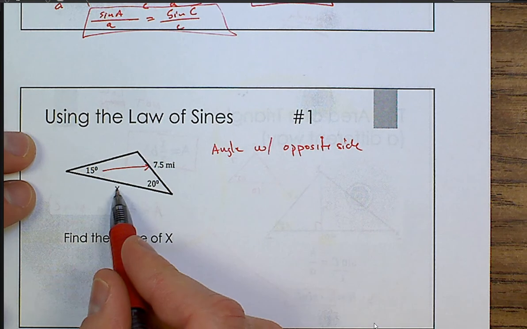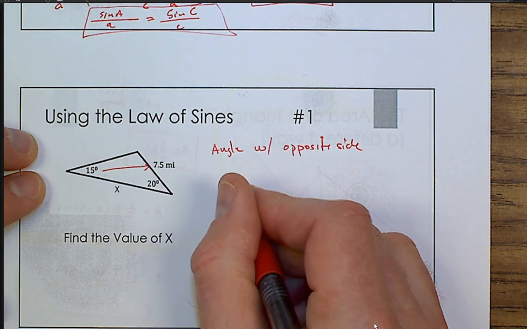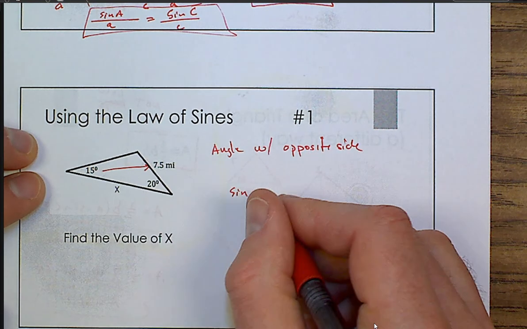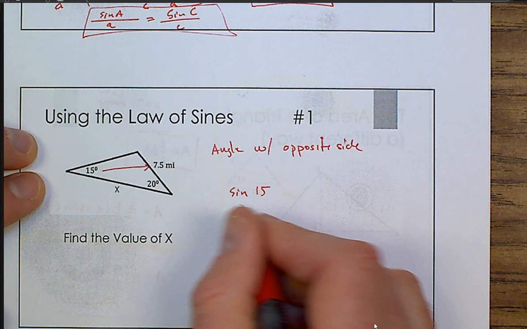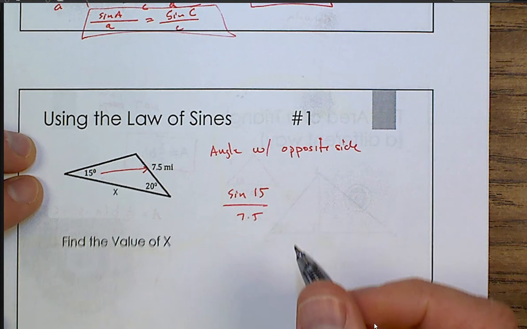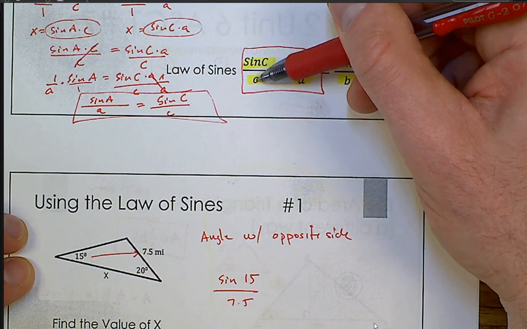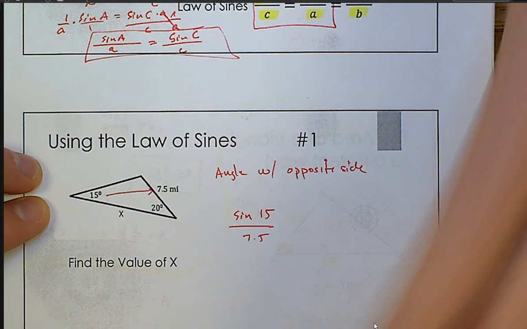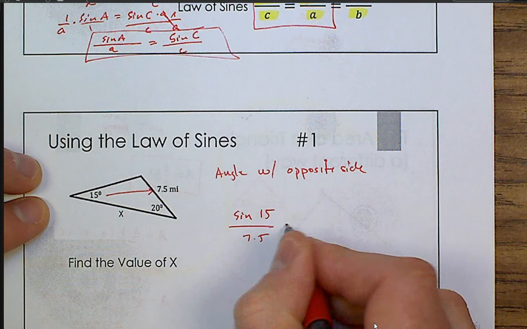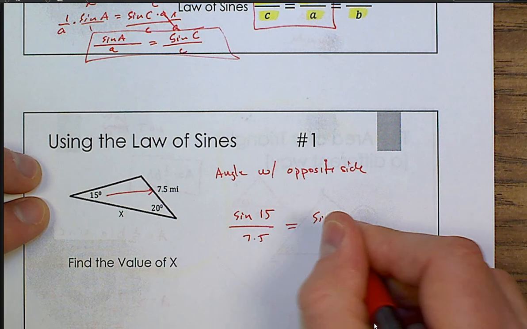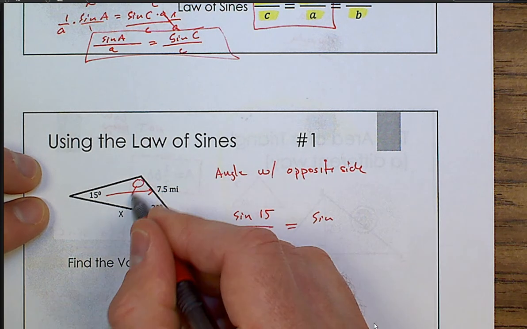So these are going to go together, right? So I would go the sine, it's always the sine because it's the law of sines, sine of 15 over 7.5. That's the whole gist of the formula, it's the sine of the angle over its opposite side. Okay? So I have the sine of 15 over 7.5 equals the sine of, now I need to know what this angle is because it's going to go with x, over x.